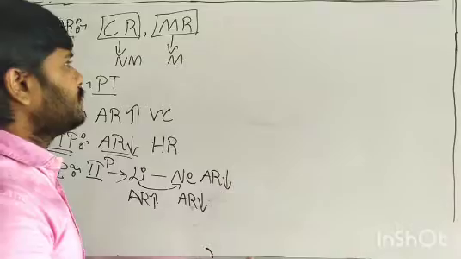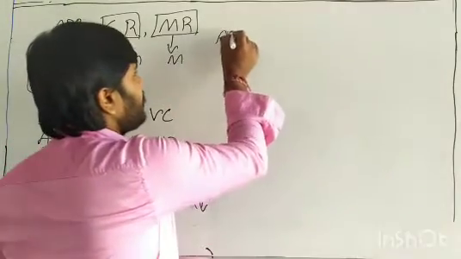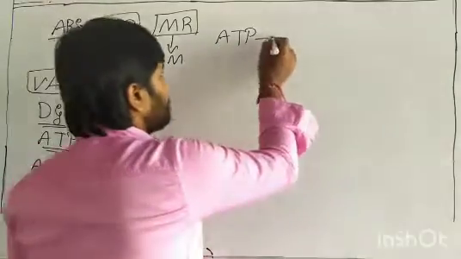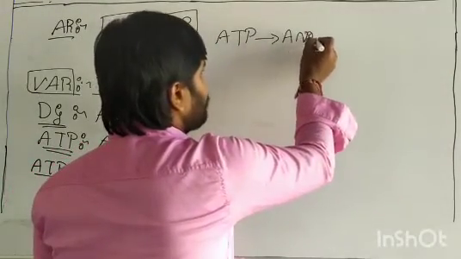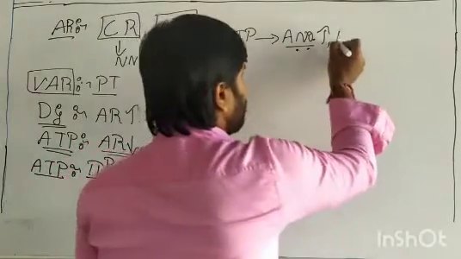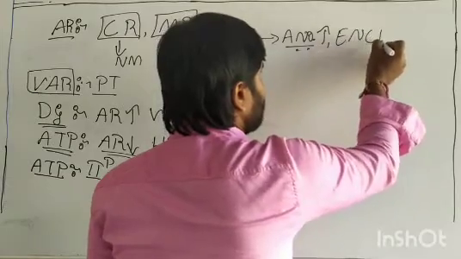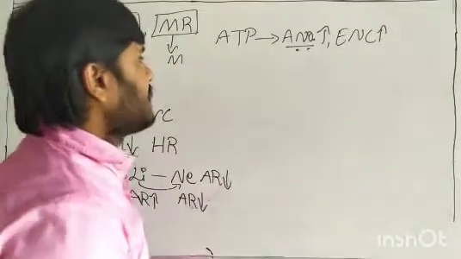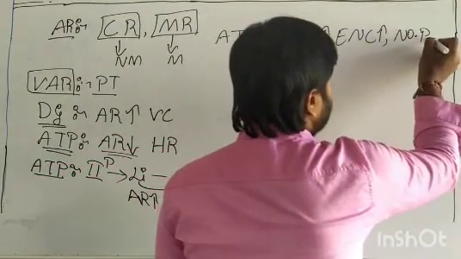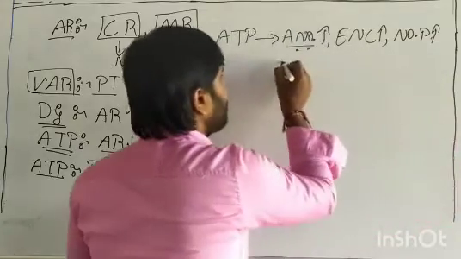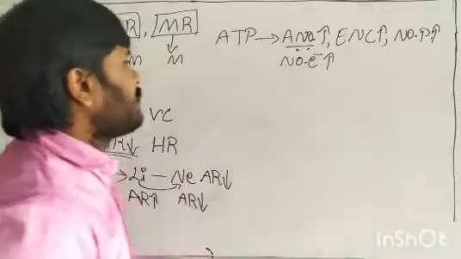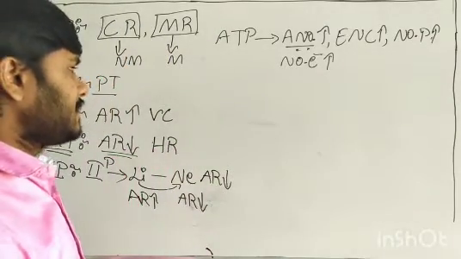You know that if you are moving along the period, the atomic number will increase, and also the effective nuclear charge will increase, the number of protons will increase, and the number of electrons will also increase.